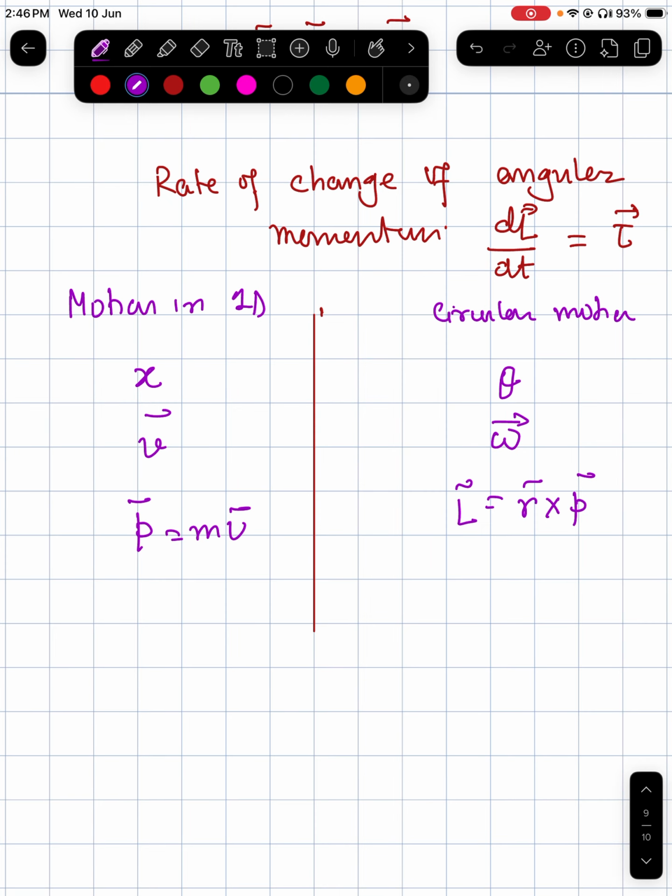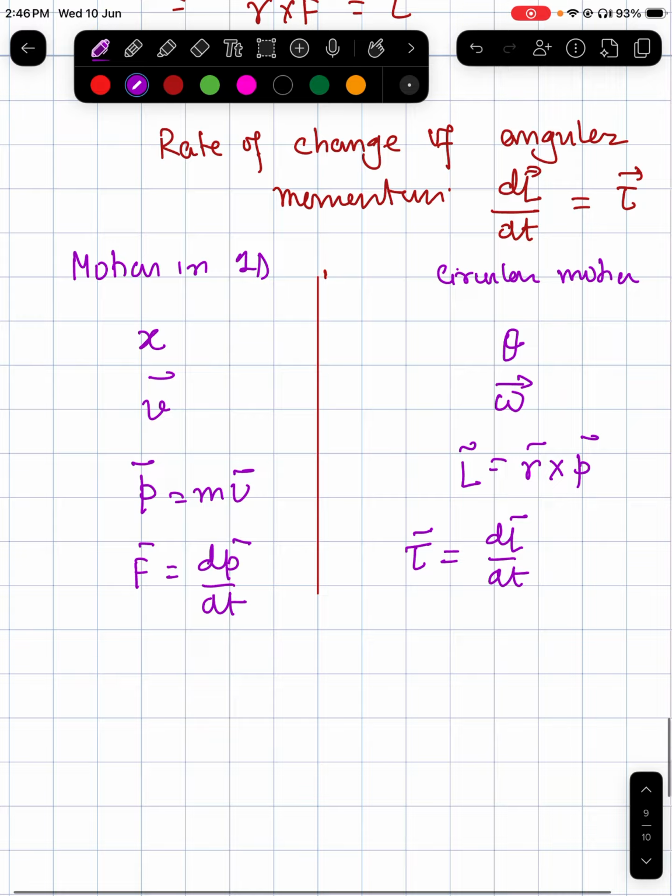In the motion in 1D, we have defined the force as F equal to dp dt. And in circular motion, in the place of force, the corresponding quantity is torque, which is defined as dL dt. So this is the correspondence we can draw between the motion in 1D and circular motion.